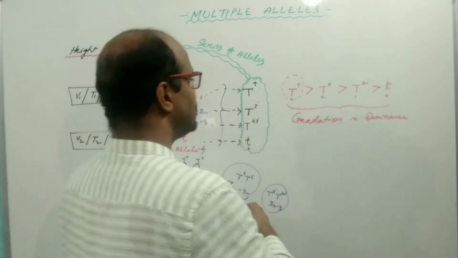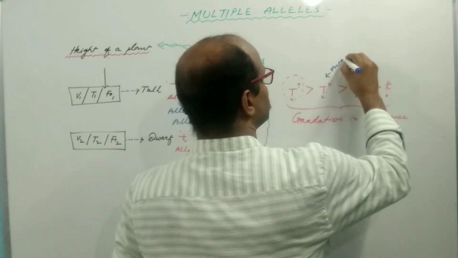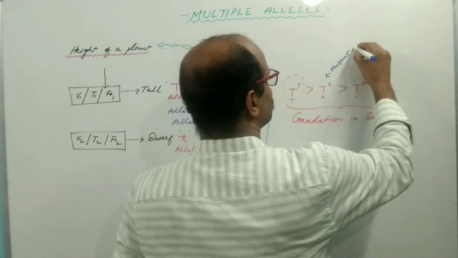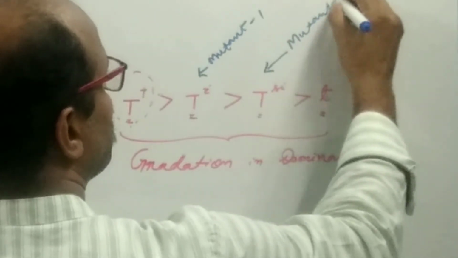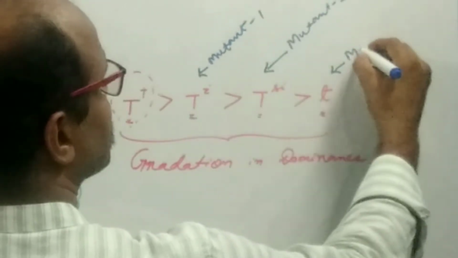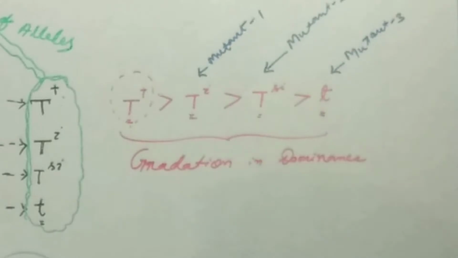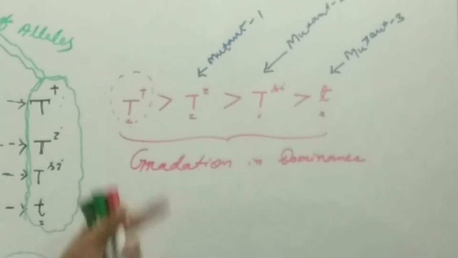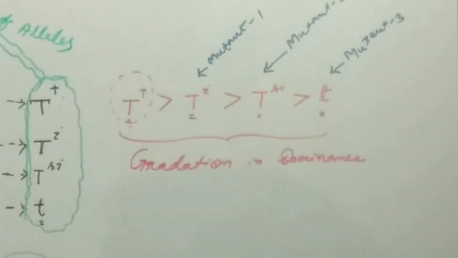That's why these are known as the mutants. Suppose this is mutant 1, this is mutant 2, and this is mutant 3. How many mutants are present here? Here 3 mutants are present. All these mutants are recessive to the wild variety.